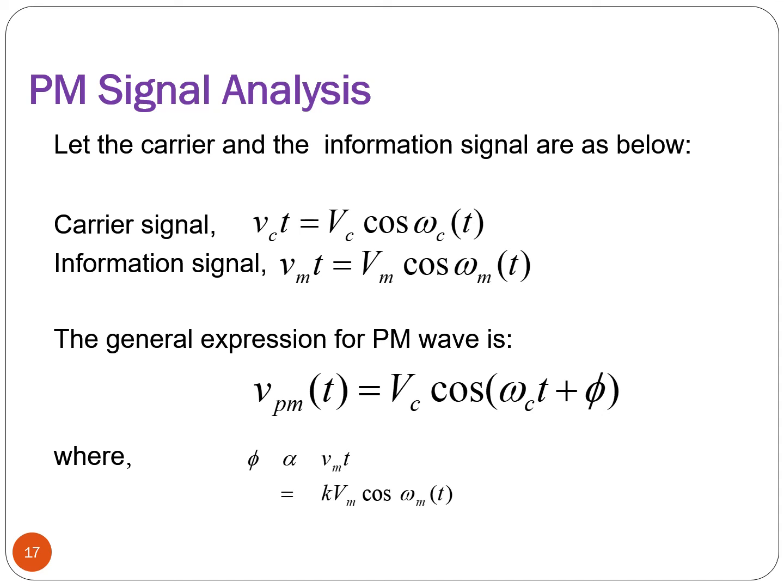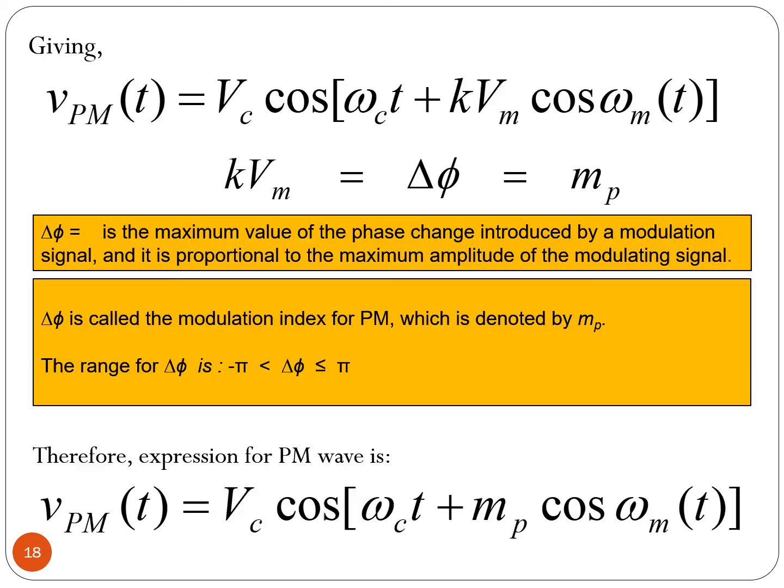Phi is a phase constant which is directly proportional to Vm of t. Therefore, phi is equal to k Vm cos omega mt. K is the proportional constant. From the equation, k Vm is equal to delta phi.